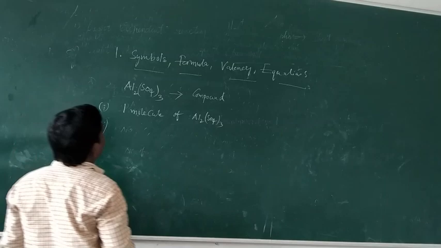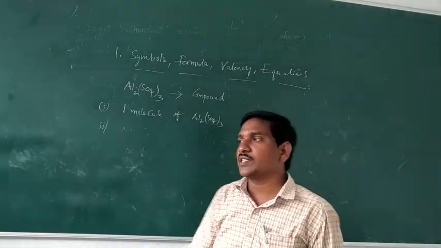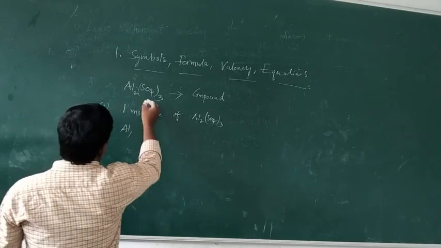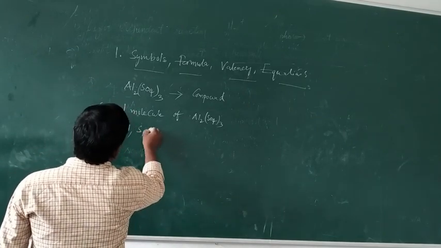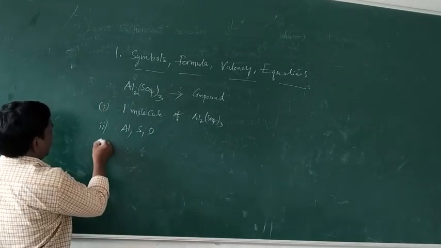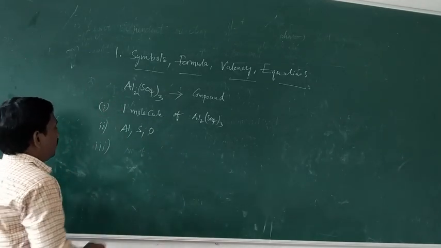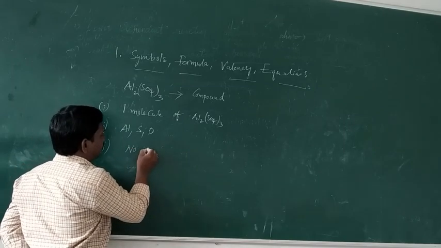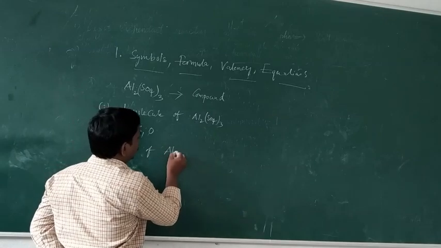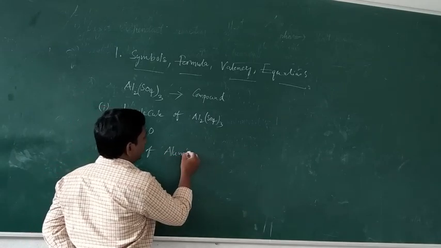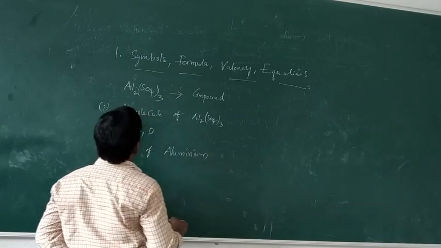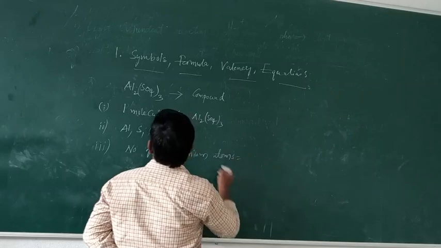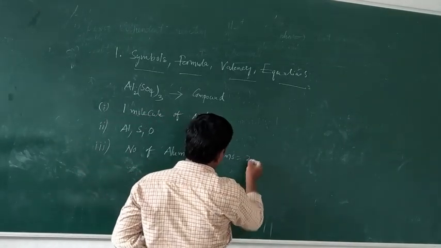Which elements are present in there? Aluminium, sulfur, oxygen. Next, the number of aluminium atoms: only 2.